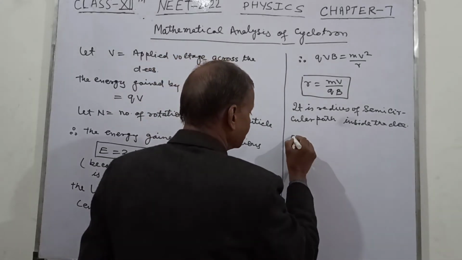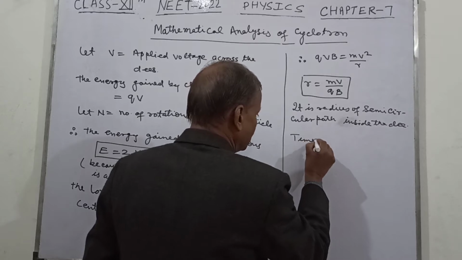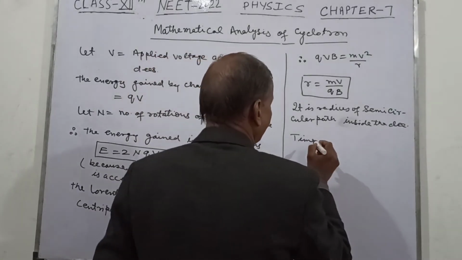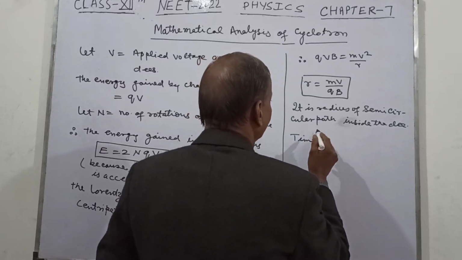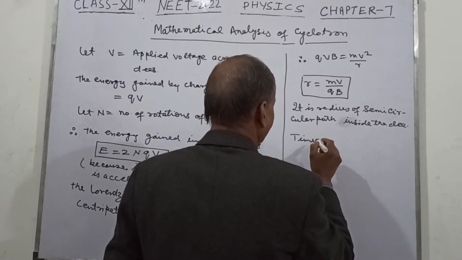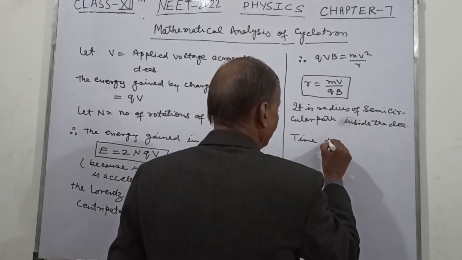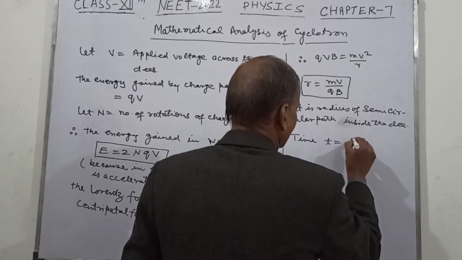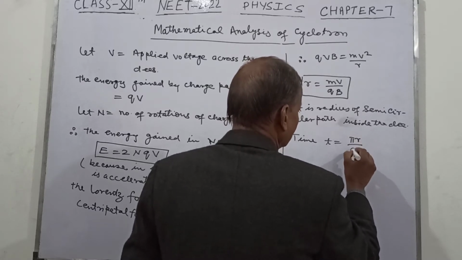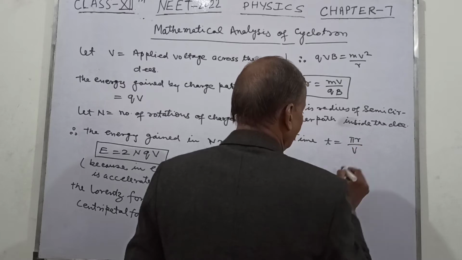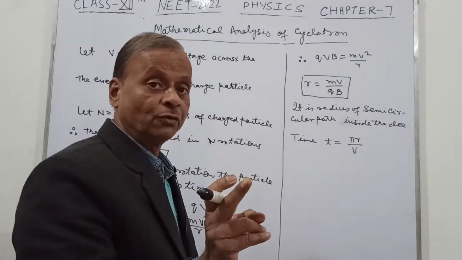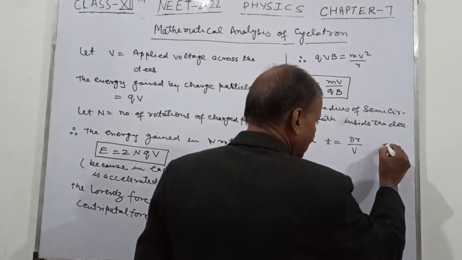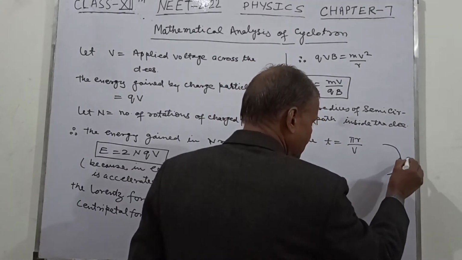What will be the time period of this? Time t equal to pi r upon v. Since the particle moves only in a semicircular path, the particle is moving like this, in this way.